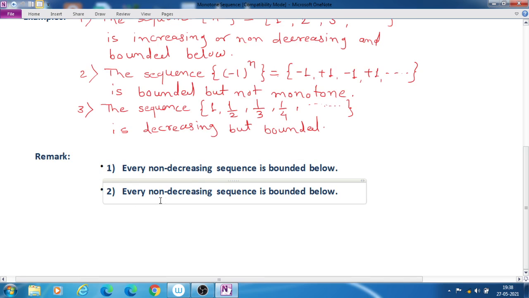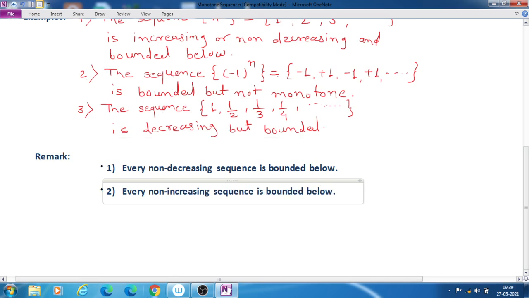Similarly, every non-increasing sequence is bounded above.